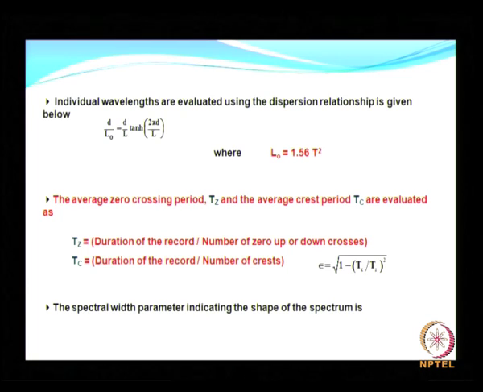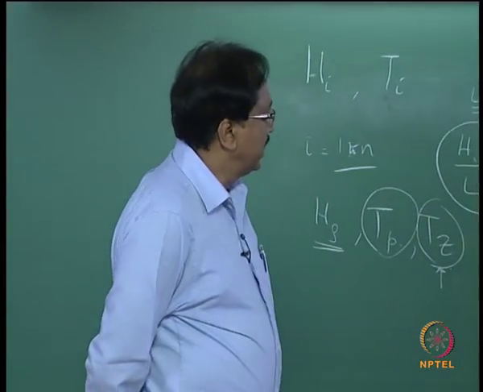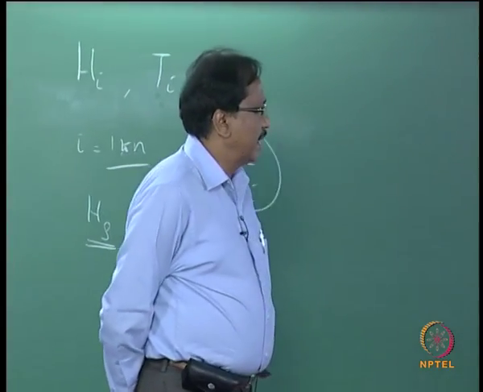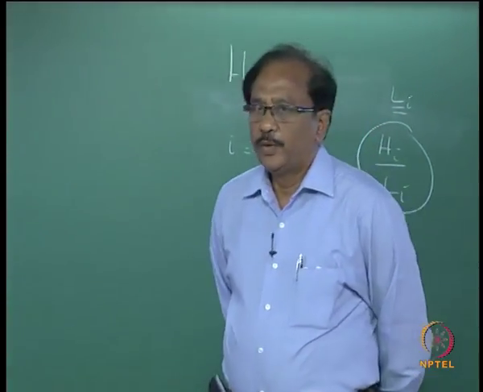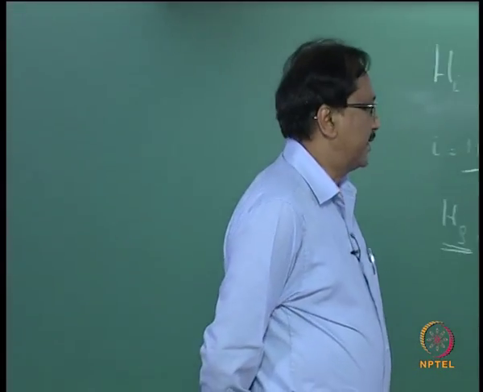We also use another period which is Tc, which is referred to as the crest period, obtained as the duration of the record divided by the number of wave crests.